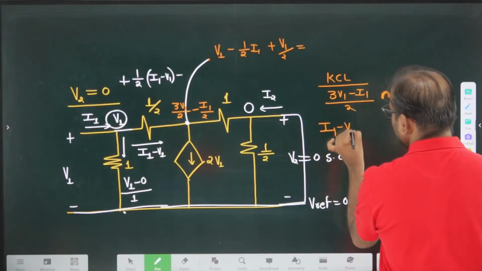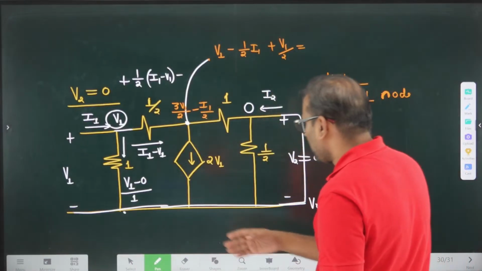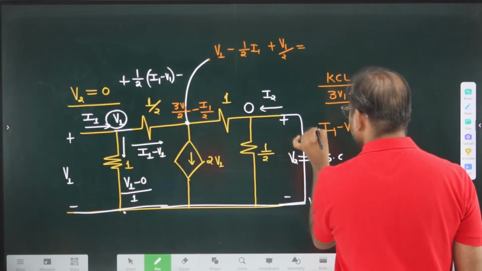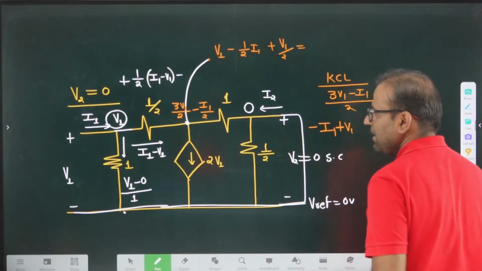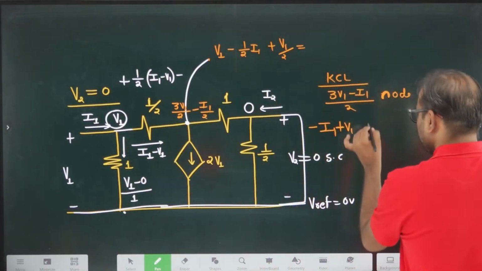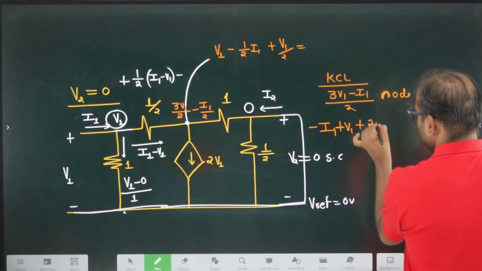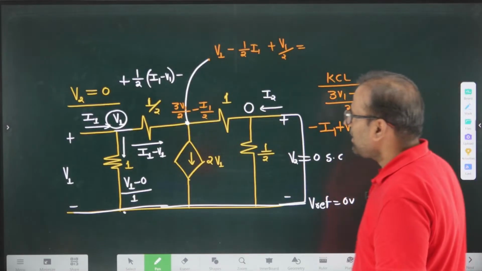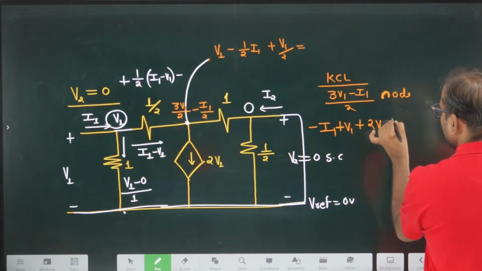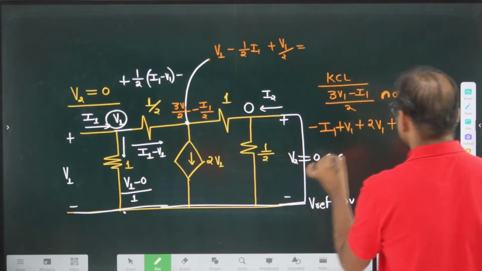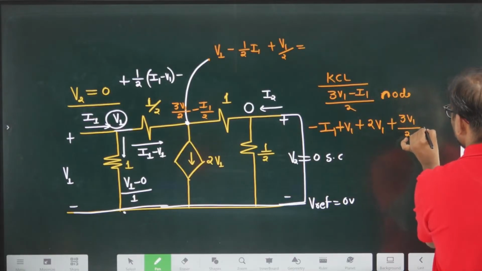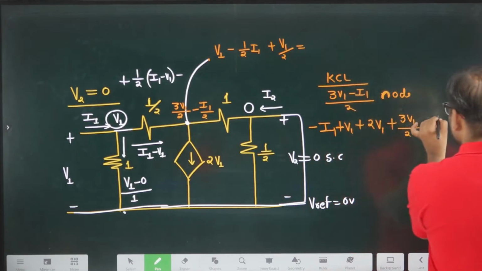What is outgoing current? Incoming current is negative, so I am writing this is minus, this is plus. We will write incoming current negative, outgoing current positive. This current is 2V1. Fine. And potential difference divided by resistance is current. One more current is going away from the node, and that current is 3V1 divided by 2 minus of I1 divided by 2.